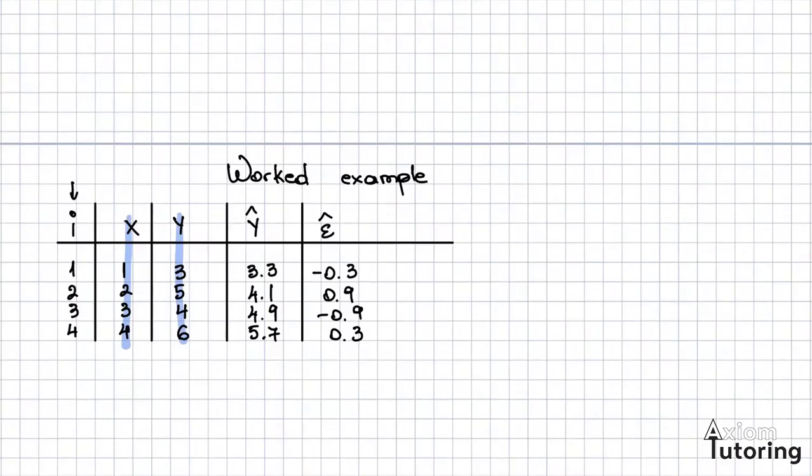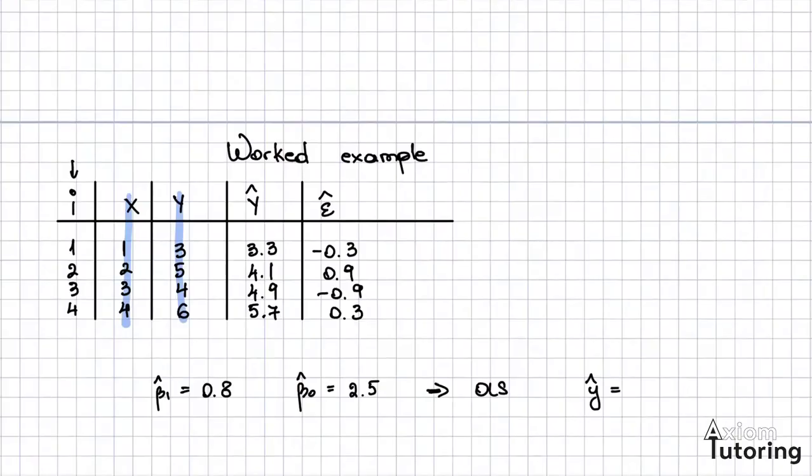If we use the formulas that we already have for the betas, or the procedure that I have shown you on how to get the betas manually in a previous video, you will find that the beta 1 hat is going to be 0.8, and you will find that the beta null hat is going to be 2.5, which means that your OLS fitted line is going to look something like y hat i equals 2.5 plus 0.8 xi.